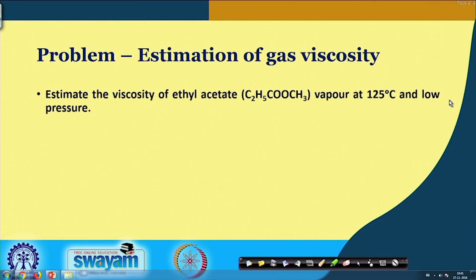Accordingly, depending on which of these three pressure zones we are in, the correlations may differ. In this particular case, you have been asked to find the viscosity at low pressure, and you will find that the value of the pressure is not necessary to compute the viscosity. That is why the pressure value has not been mentioned in this problem.